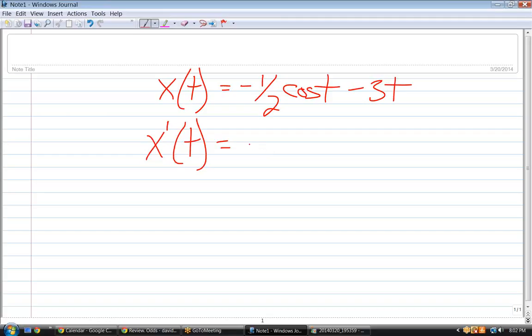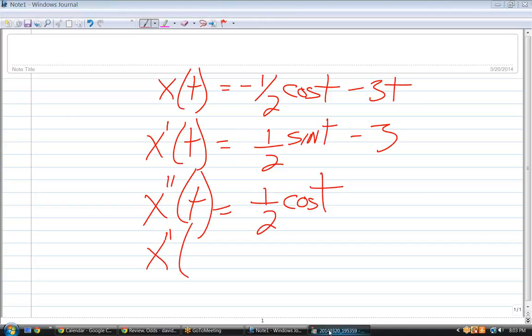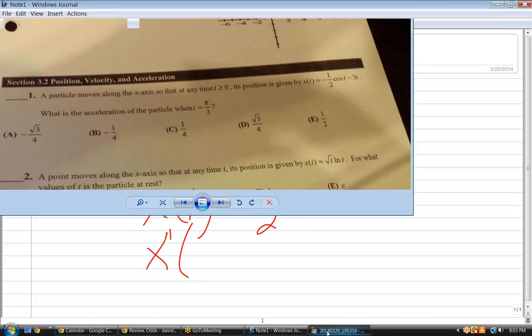It'd be park the negative 1/2, negative sign, so that makes it plus 1/2 sine, and then minus 3. X double prime of t: you park the 1/2 again, and then it'd be 1/2 cosine of t. So x double prime of pi over 3.